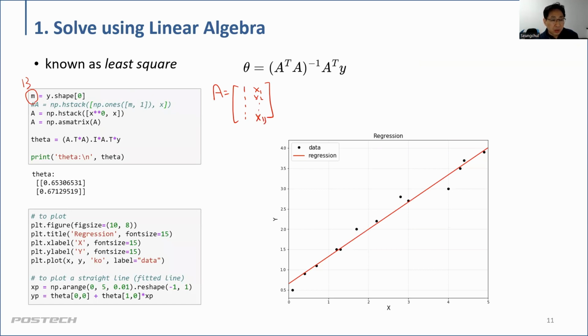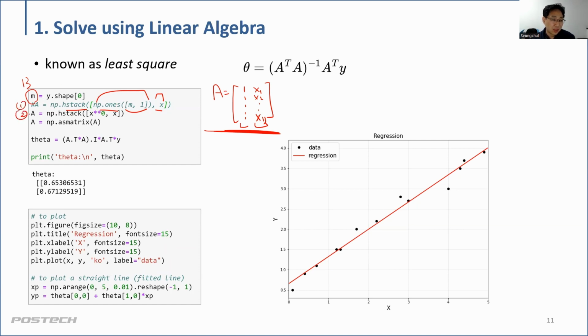So one thing that we can do is that we have two column vectors like this, and we stack them in a horizontal way with the hstack command. So we have all ones with the shape of this, and X. So we can build up the A matrix. This is one way that we can do it.